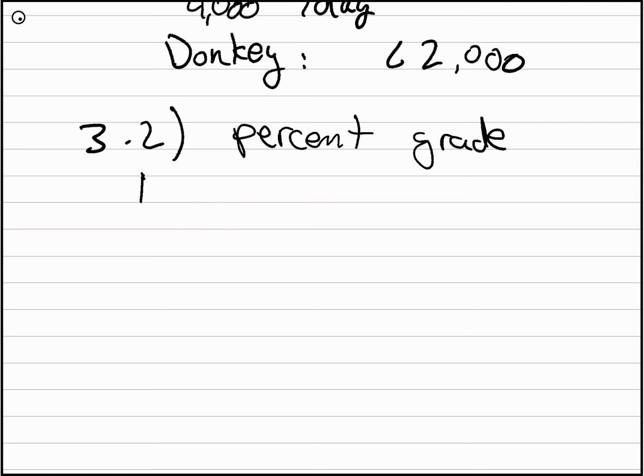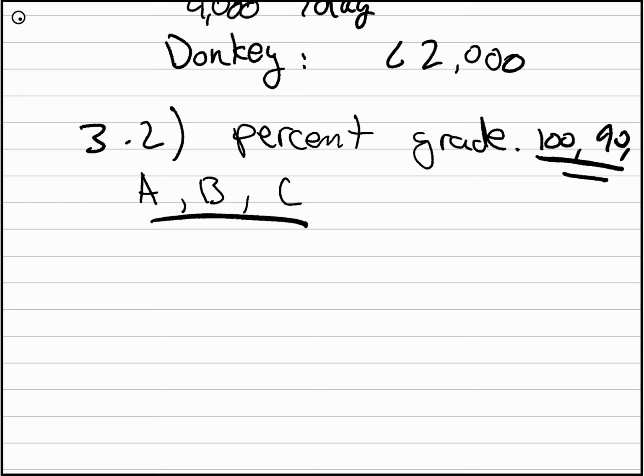So Shrek only understands if you got an A or a B or a C. But the kids bring home a report card that says 100, 90, or whatever. So Shrek is confused, and given that he is too preoccupied with his diet, he wants a method that converts the kid's percent grade to letter grades.